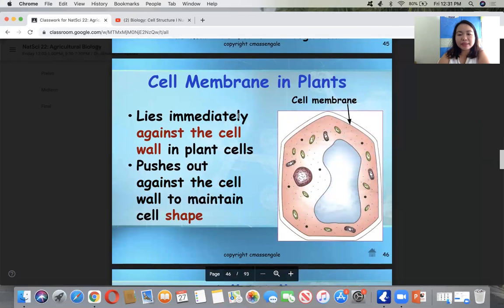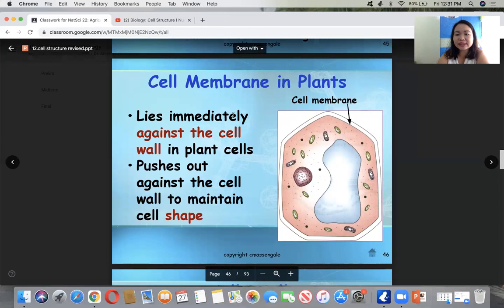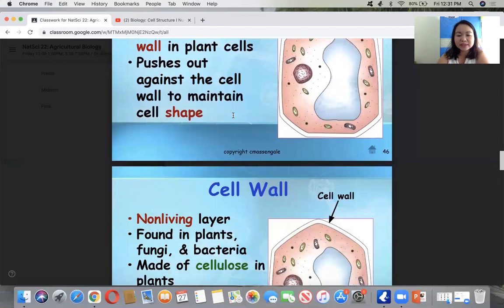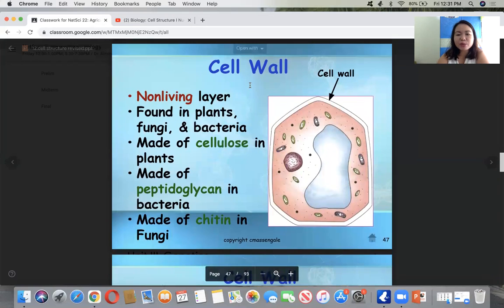So the cell membrane in plants lies immediately against the cell wall, which pushes out against the cell wall to maintain the shape. So the main function of the cell wall is for structure and shape. The cell wall is a non-living part found in plants, and also in fungi and bacteria, which is made of cellulose in plants, peptidoglycan in bacteria, and chitin in fungi.